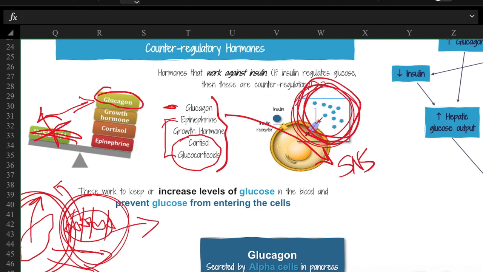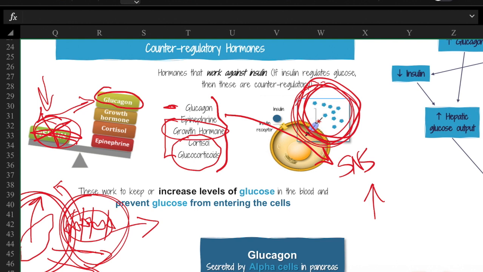And then I always look at growth hormone as something that's released during fasting or starvation. It decreases the effects of insulin, meaning it's going to keep glucose in the blood longer for use. It also decreases cellular uptake of glucose, which means instead of that glucose being used by the musculoskeletal cells and by fat cells, it's still going to be floating around in the body.